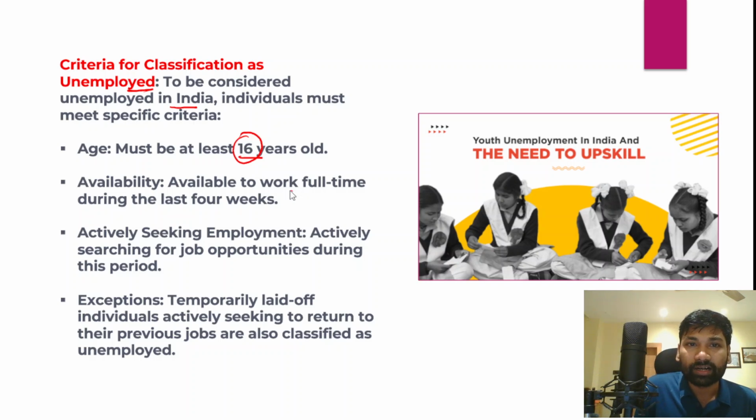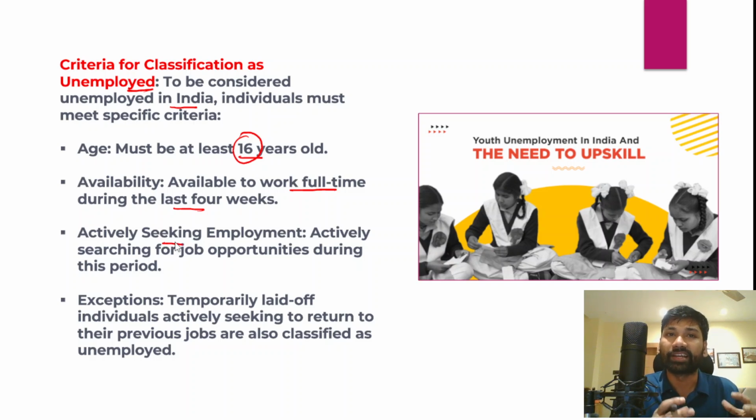Apart from that, he or she must be available to work full time during the last 4 weeks, and must be actively seeking employment opportunities, or be ready to work and actively searching for job opportunities during this period of the last 4 weeks. And there are some exceptions also.